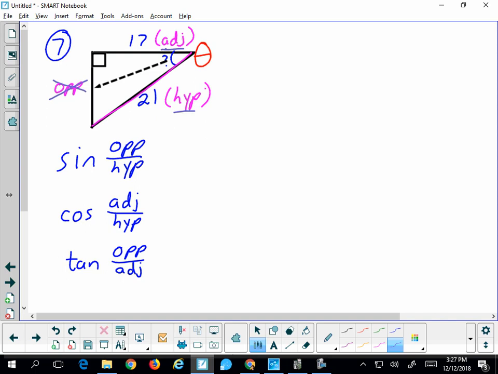Sine uses opposite and hypotenuse, and I've got the opposite side marked out, so I'm not using that one. Tangent uses the opposite side, so I can't use tangent. That means my good trig function for this problem would be cosine.